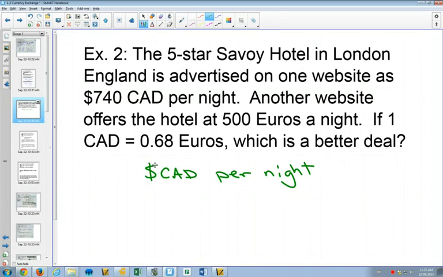Now, one of them is already in Canadian dollars per night. What do we have to change? We have to change the other one. We have to find out how much 500 euros is in Canadian dollars. So this is our question. How much is, here's the symbol for euros.